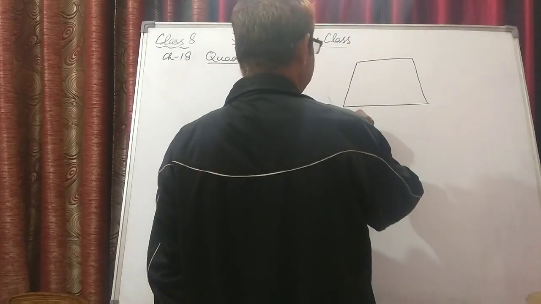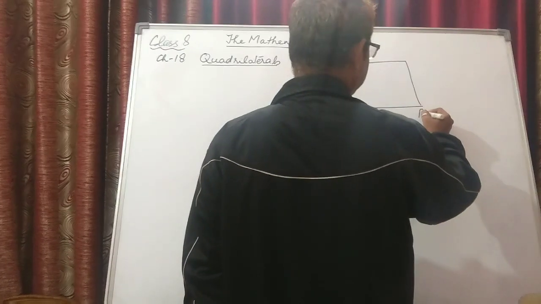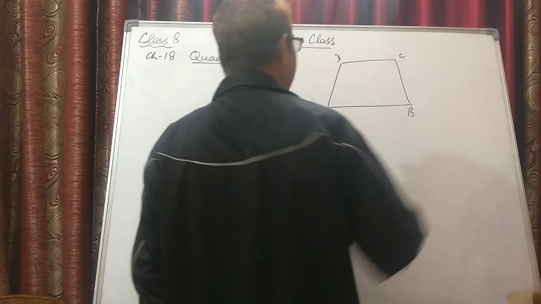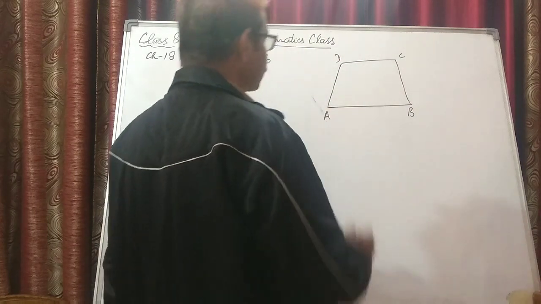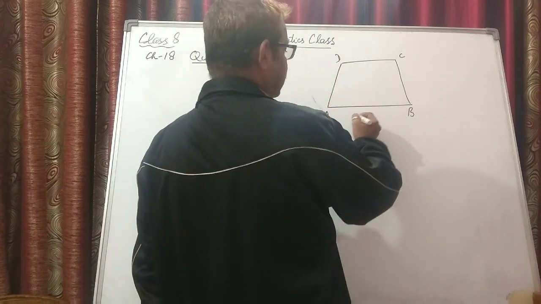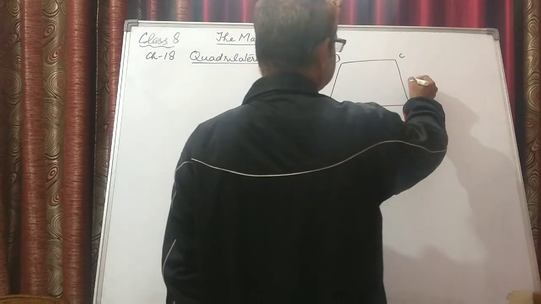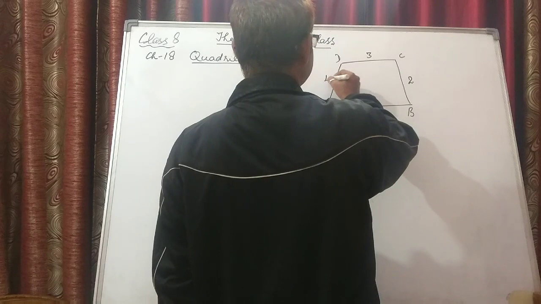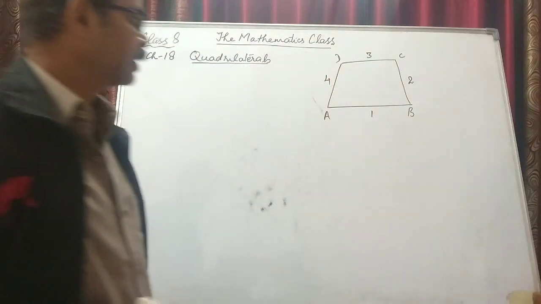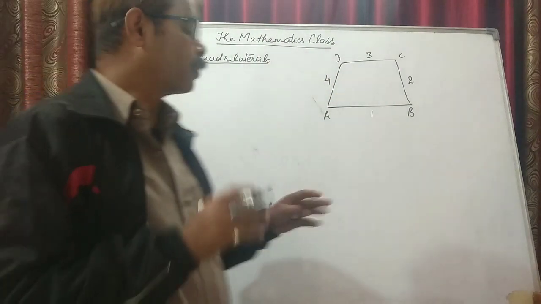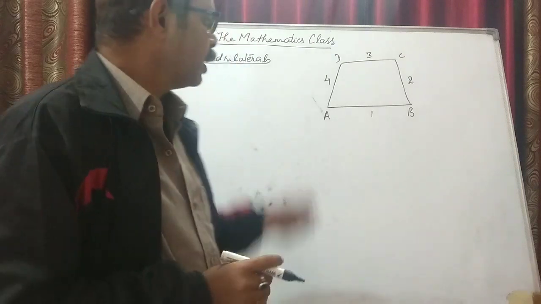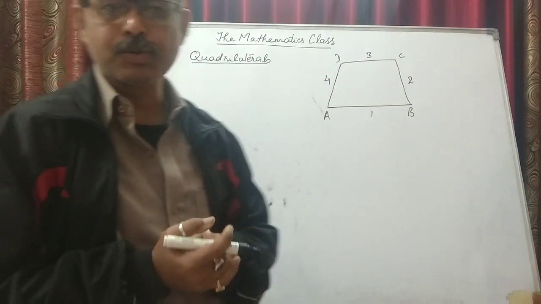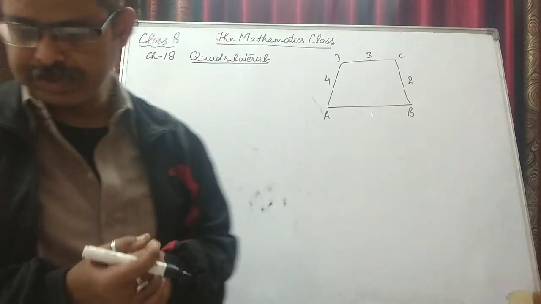So I have made a rough A, B, C, D. I have made a plane figure which is a closed one and it is having first, second, third and fourth side. It is a plane figure, it is a closed figure which is bounded. Bounded means closed. A plane figure bounded by 4 straight lines is known as a quadrilateral.